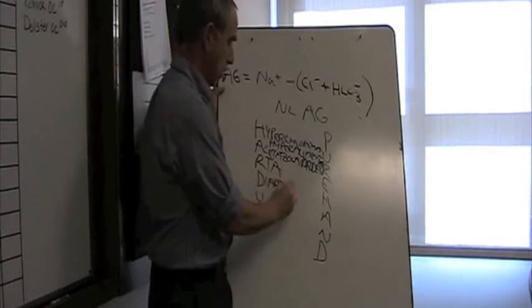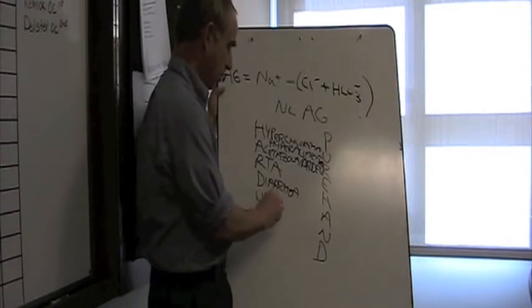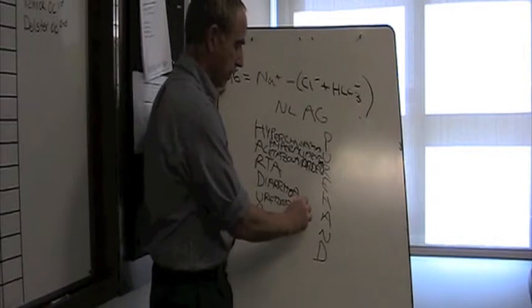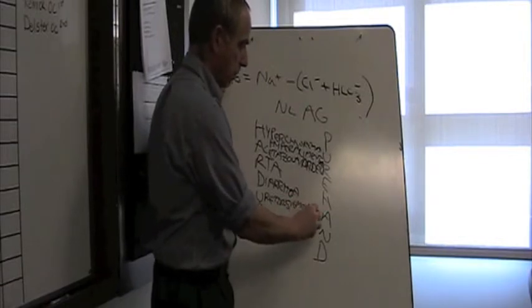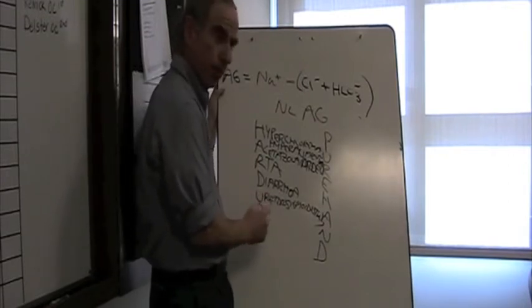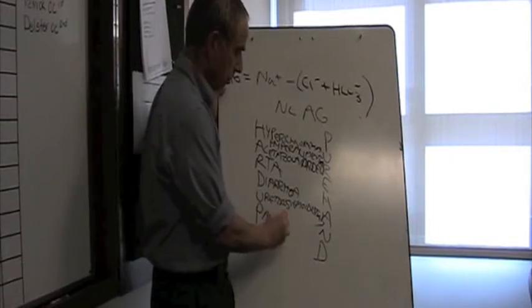And then the last two, I don't remember, some kind of shunts, like uretero... Sigmoidostomy. So ureteral diversions. And what's the P? Pancreatic fistulas. Pancreatoduodenal fistula.